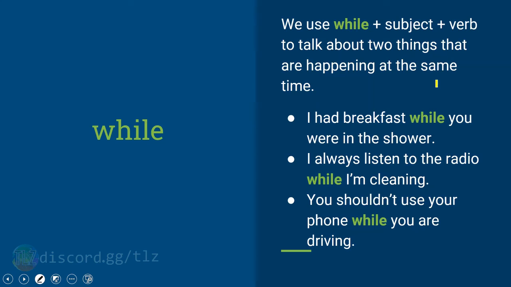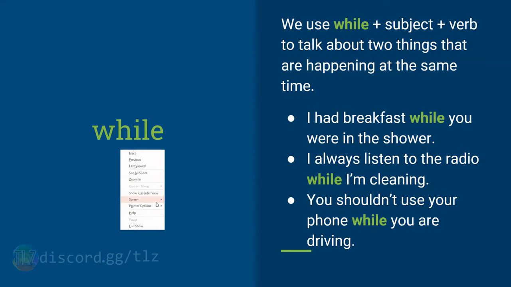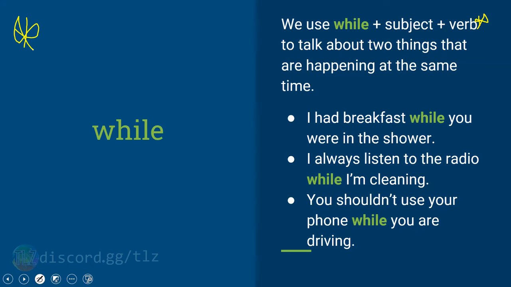So from while, we use while with a subject and a verb, or a phrase, no, sorry, a clause, because a subject and a verb together is called a clause. So I'm going to get my pen, just to write this. Pardon my asterisks.